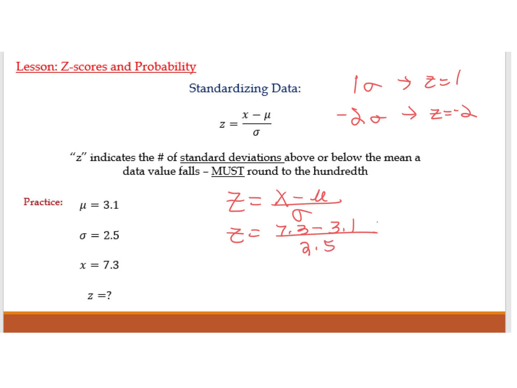So I'm going to do that computation. I'm going to get 4.2 divided by 2.5. And I get a value of 1.68. Therefore, my z-score for this set of data would be 1.68. This tells me the number of standard deviations above that mean.